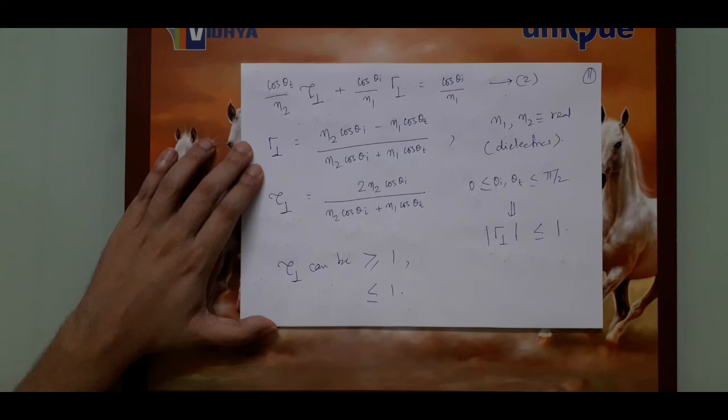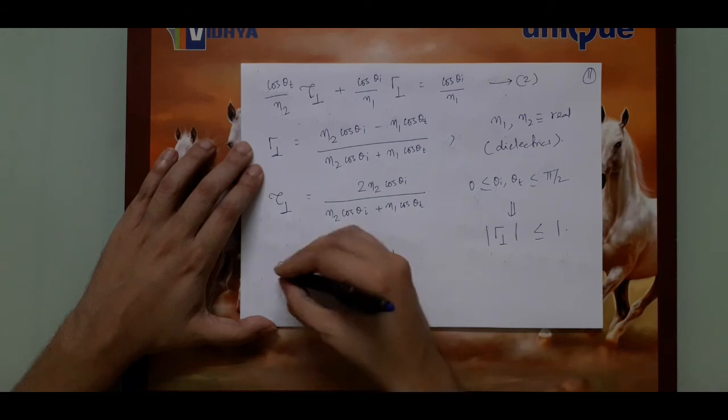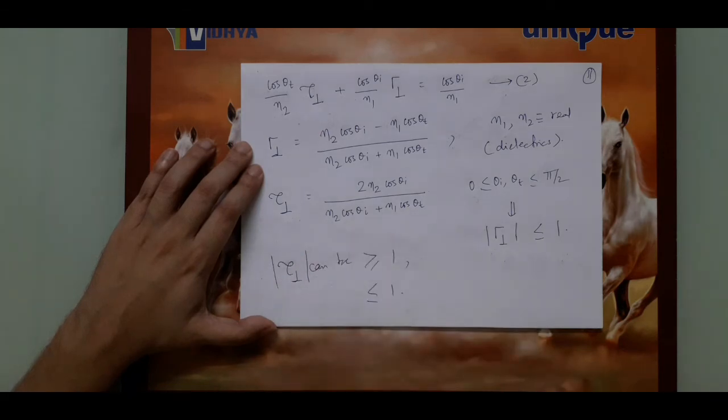Well, are we? So I leave this to you as food for thought. Prove or disprove this statement: transmission coefficient being more than 1 in magnitude means we are sending more power into the second medium. So think on this as an assignment.